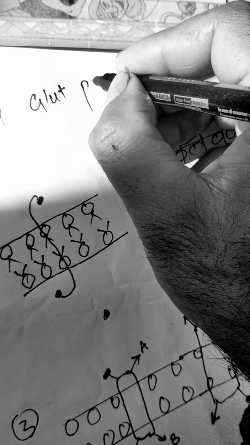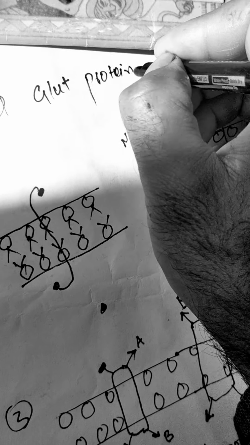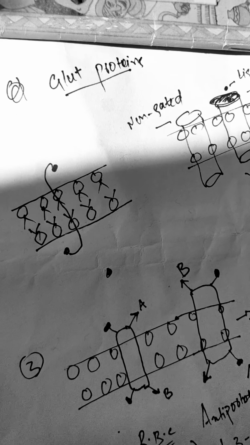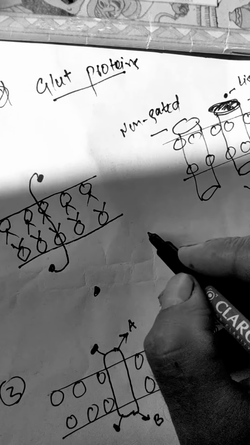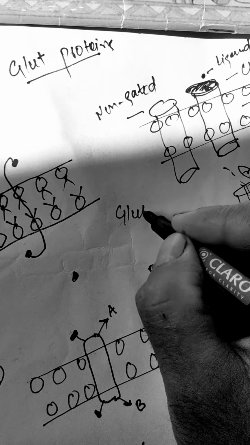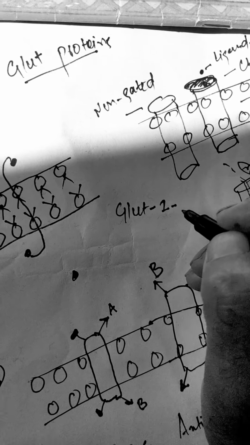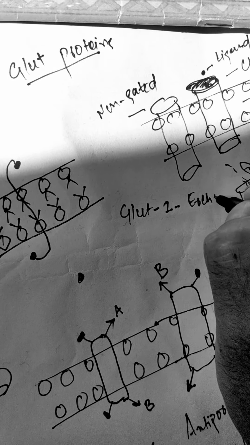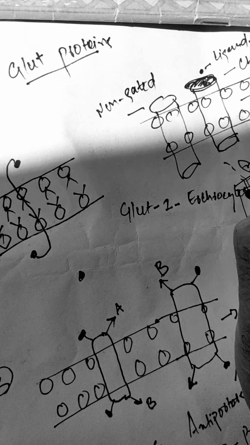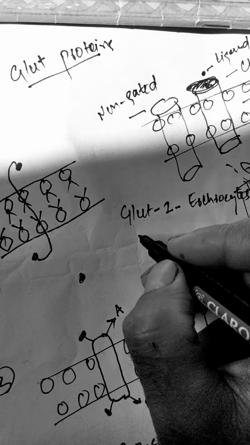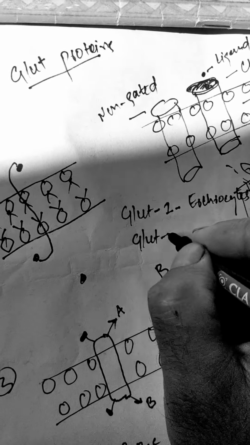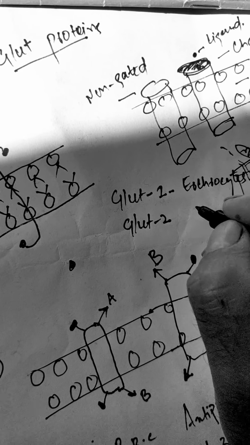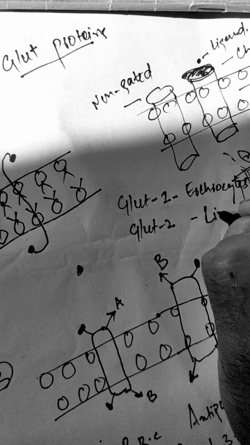There are various kinds of GLUT proteins. Okay, like GLUT1, it is present in the plasma membrane of erythrocytes. GLUT2 is present in the plasma membrane of liver cells.